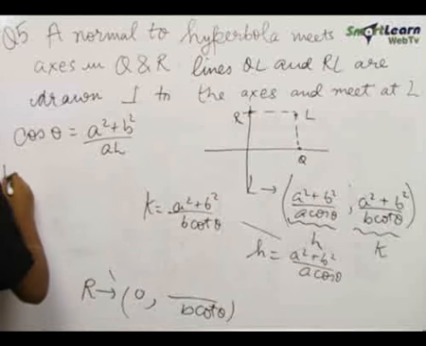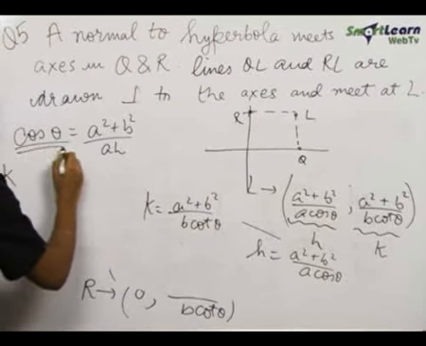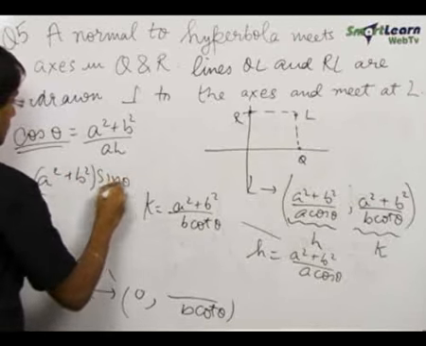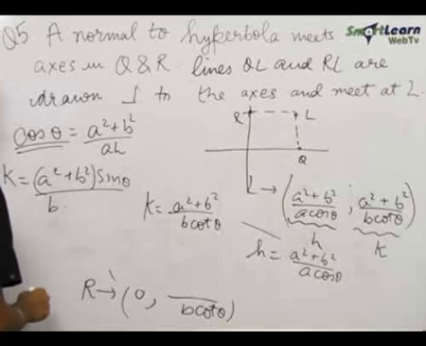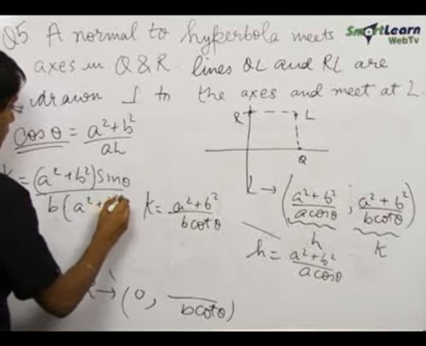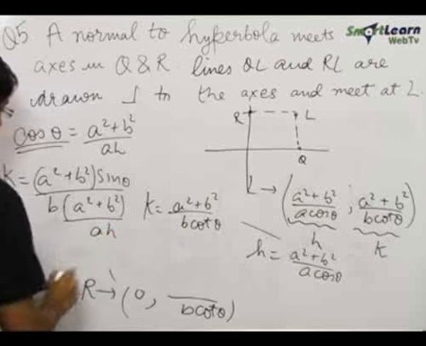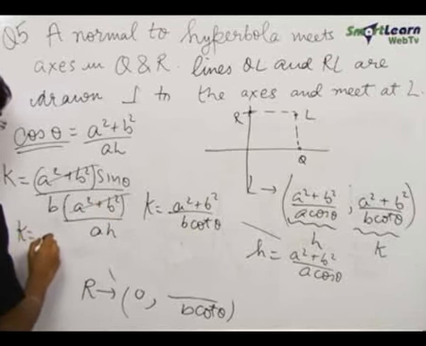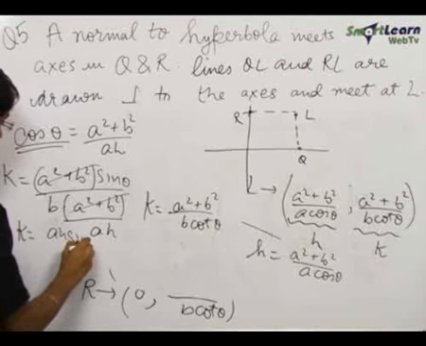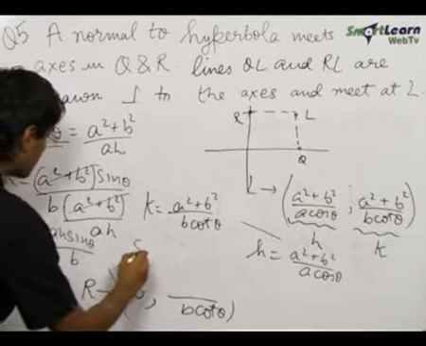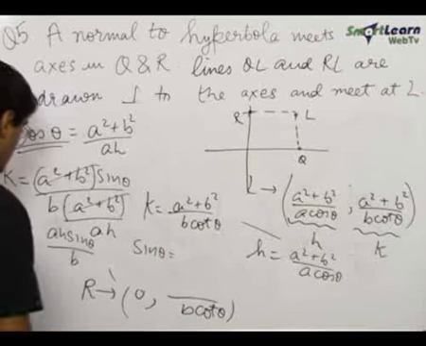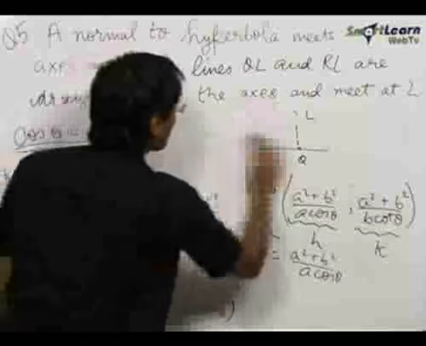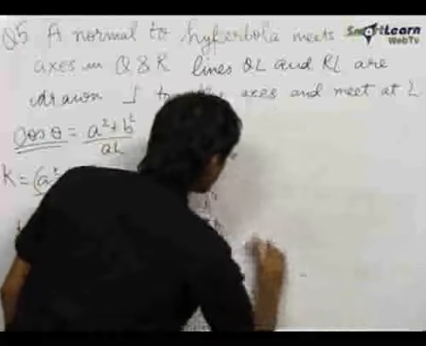The value of cos theta can be substituted from over here in this formula to give a square plus b square sin theta upon b cos theta, that is a square plus b square upon aH. This a square plus b square and a square plus b square gets cancelled, and we get k is equal to aH sin theta by b. Hence sin theta comes out to be equal to kb by aH. Hence we have obtained sin theta in terms of h and k, and also cos theta in terms of h and k.